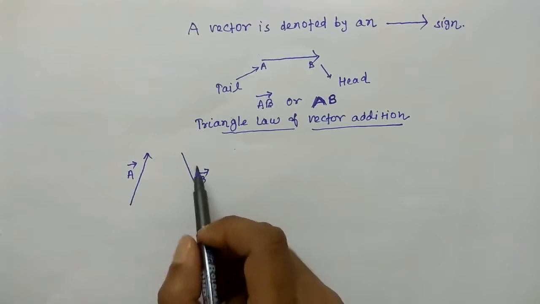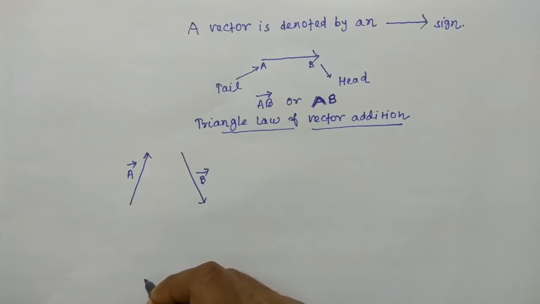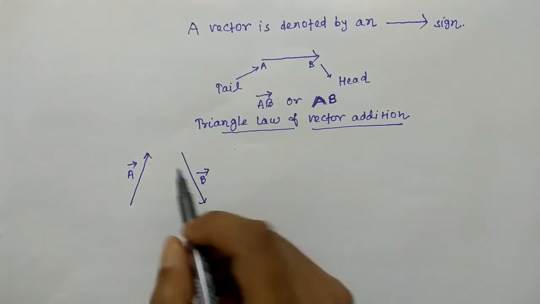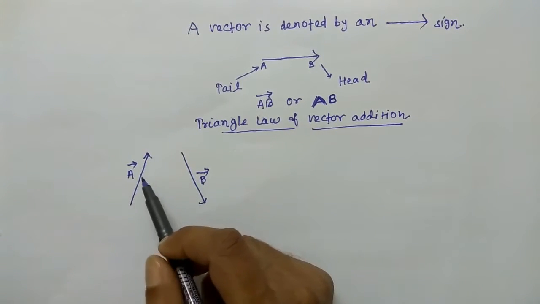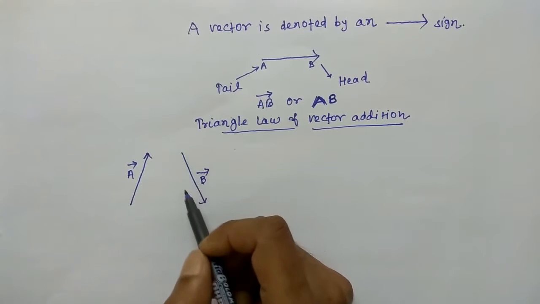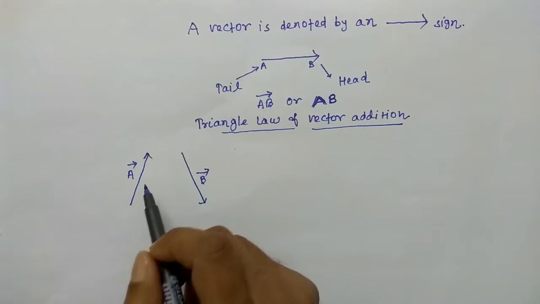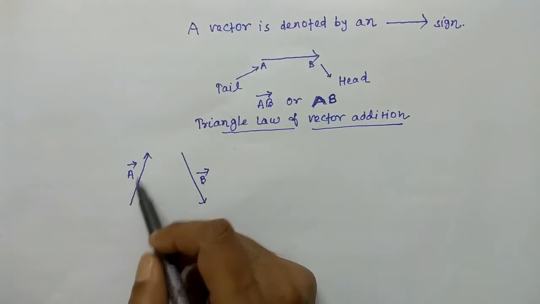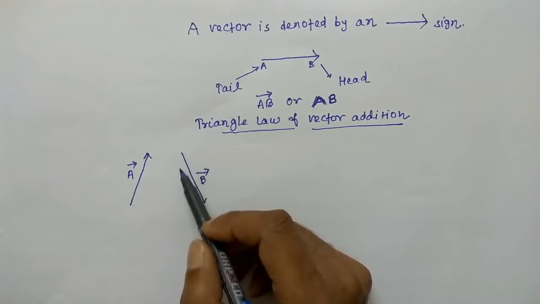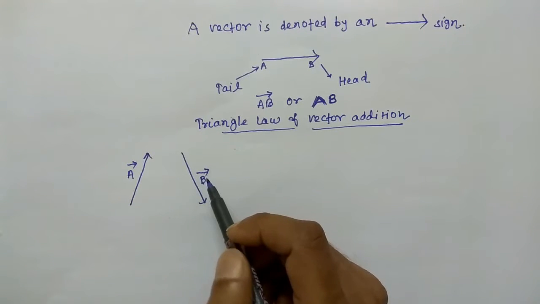So what you have to do, you have to put the second vector. You can take any one vector as first vector and any one as second vector. So here we are taking vector A as the first vector and vector B as second vector.